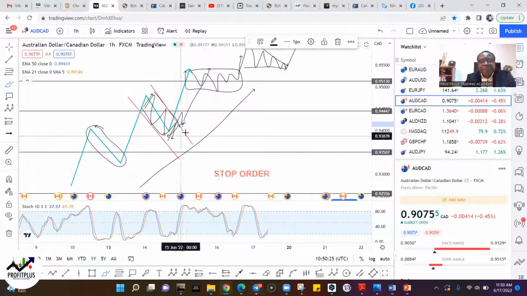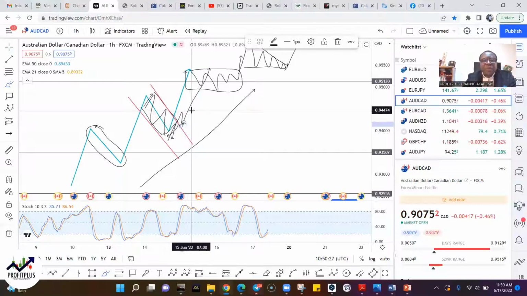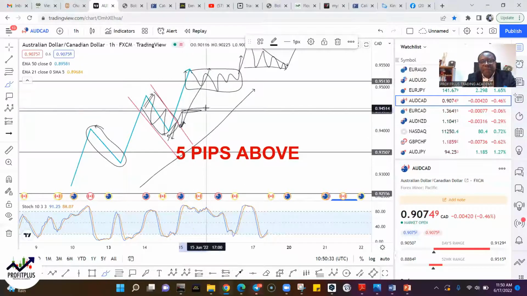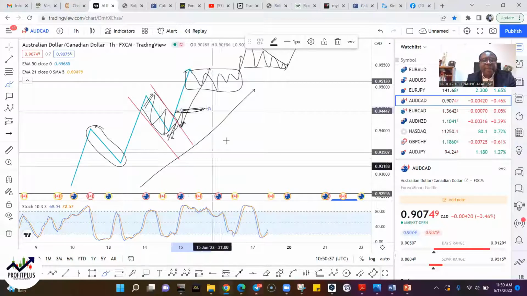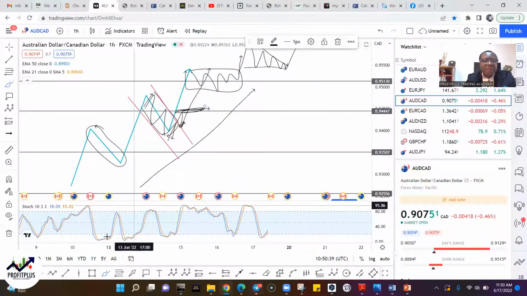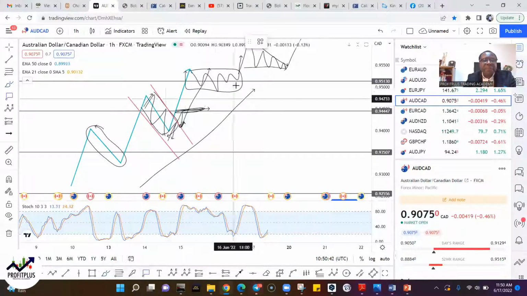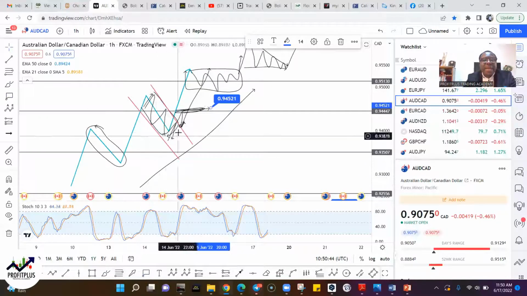In this case, I would prefer to come about 5 pips above this high, around here, this price, to take my pending order at the time that the market has bounced off this straight line.